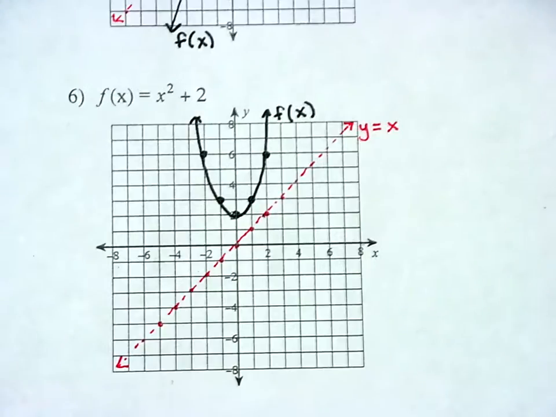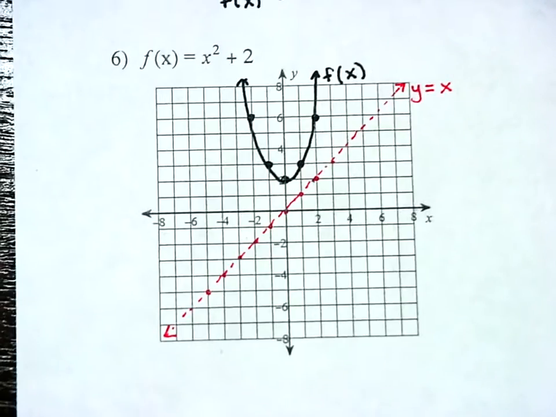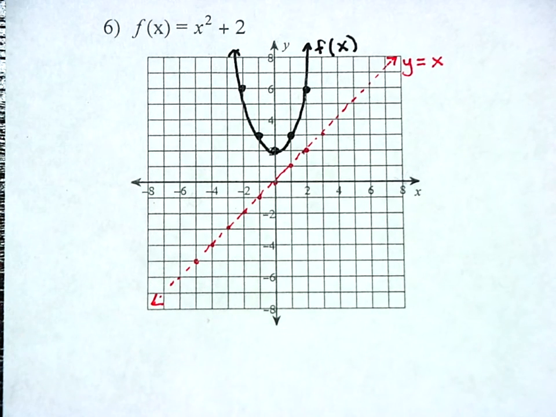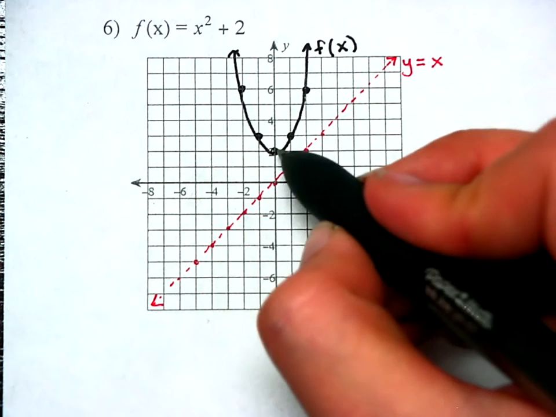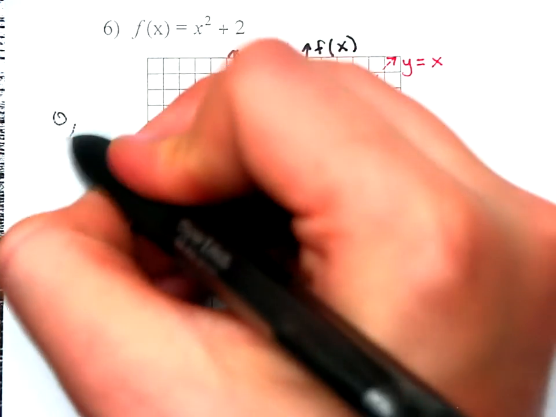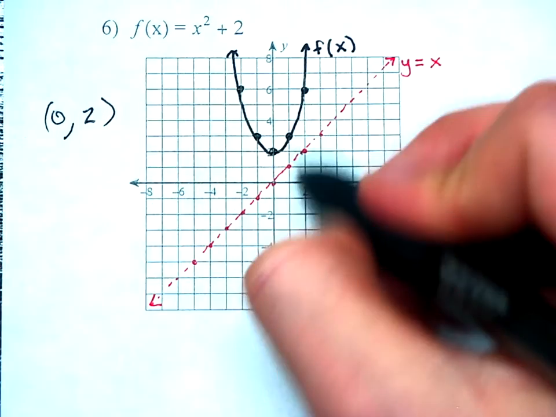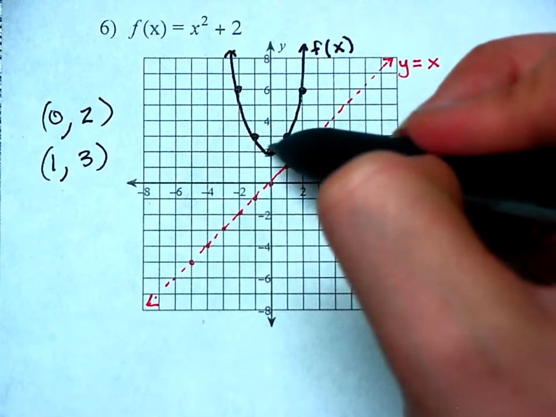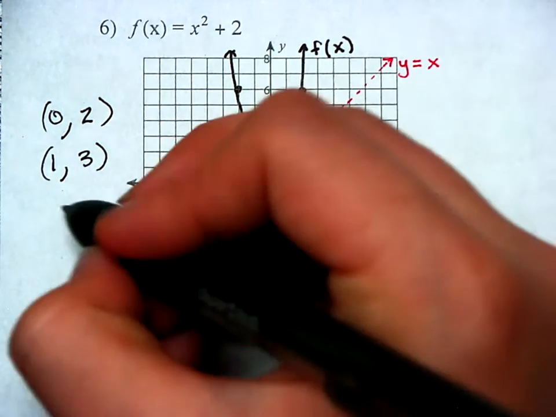All right, last one. This one's a little tricky. This is our parabola. We'll see why it's a little bit different in just a moment. So first, just like we've been doing, we're going to point out a few points on that parabola and we'll reflect them. So the first one I see is this 0, 2. We've got 1, 3, -1, 3.